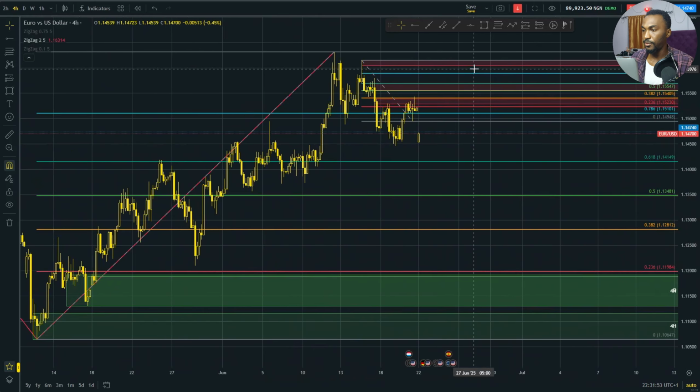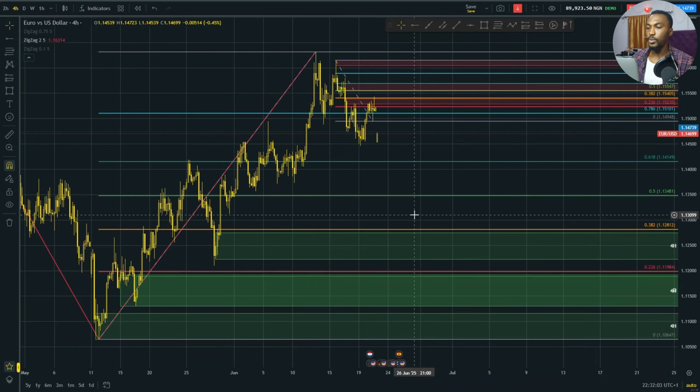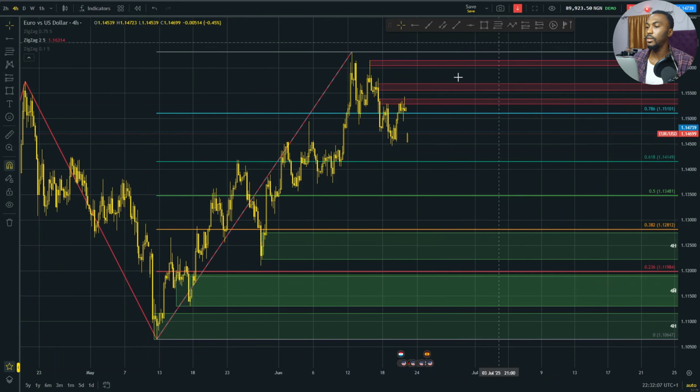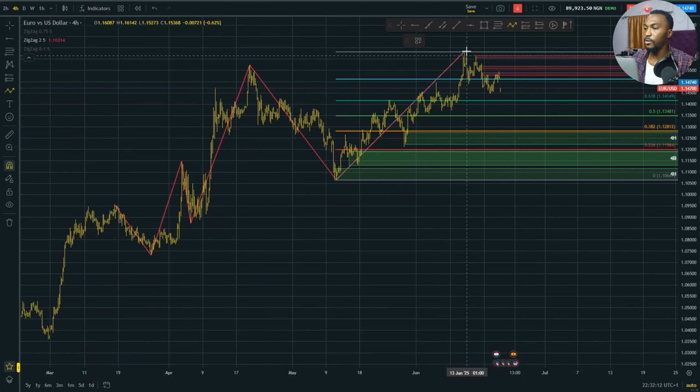And then we also have other small possible reaction zones here. So between this and this, I am simply waiting for price to find its way down here. Even though my fundamental analysis isn't saying anything about this yet, I'm waiting for price to find its way down here, and I will start to aim for any of these zones at all.